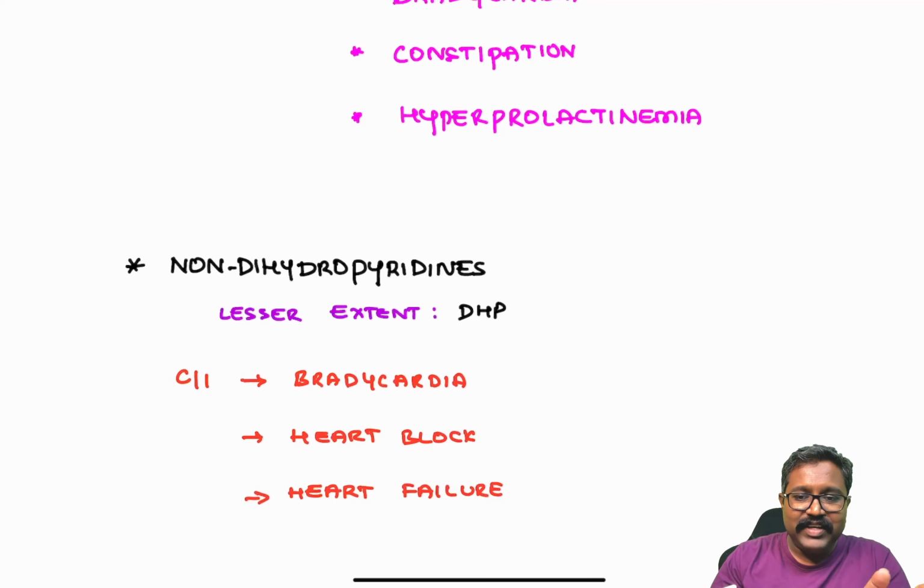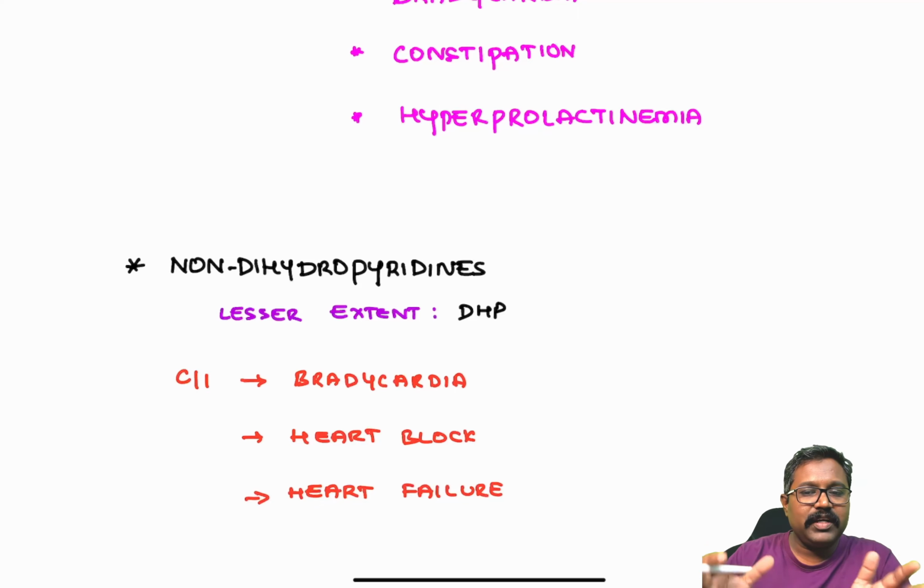On the other hand, we have the non-dihydropyridines. Examples are verapamil and diltiazem. Verapamil is a selective cardiac calcium channel blocker, whereas diltiazem acts on both the cardiac and the vascular smooth muscles. Since the action on vascular smooth muscle causes vasodilation, they can be used in hypertension. Since they reduce cardiac conduction, they can be used in arrhythmias.